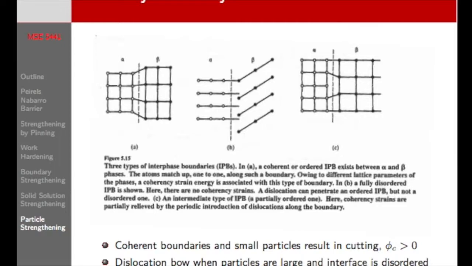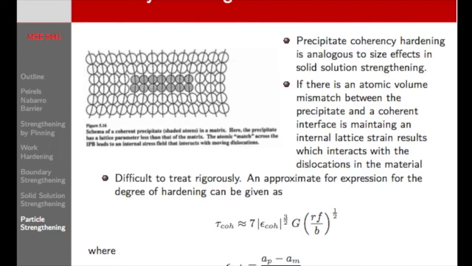There's debris that builds up in the interface, so it becomes a messy situation. So if a dislocation comes up on a particle, it's much more likely to cut it if the particle is coherent and small, right? It's much more likely to go around it when the interface is disordered, right?